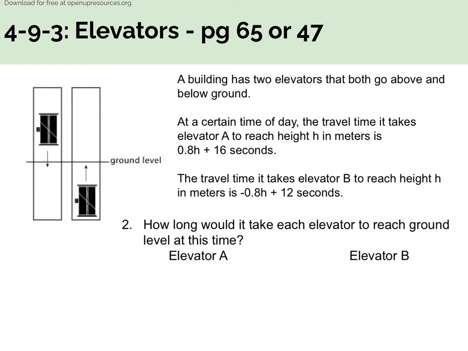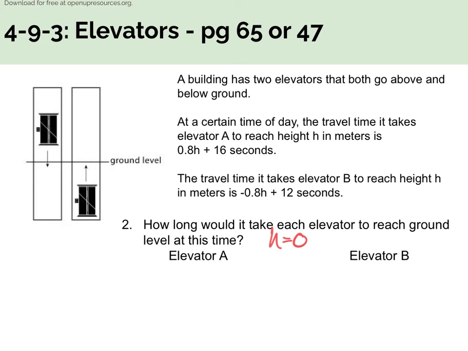How long would it take each elevator to reach ground level at this time? So ground level, that's a height. At ground level, we actually think of it as the height is going to be 0. All right, so let's use that information.